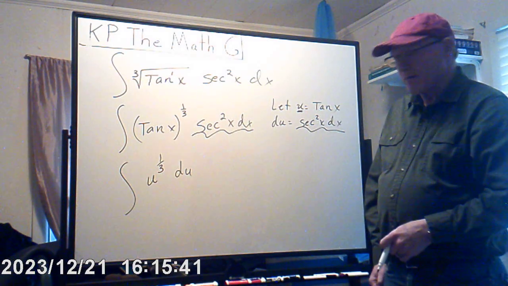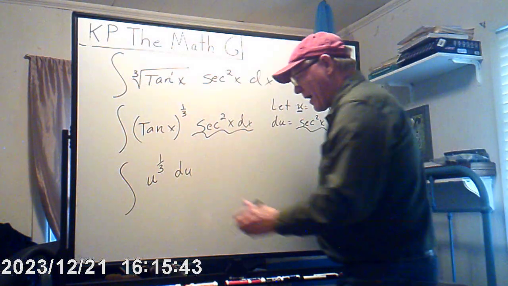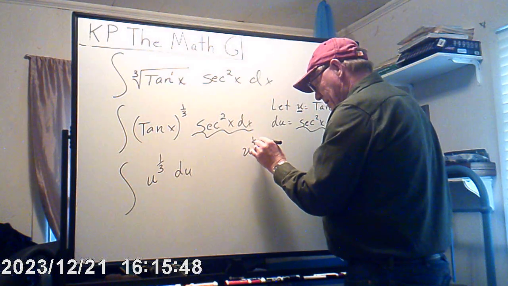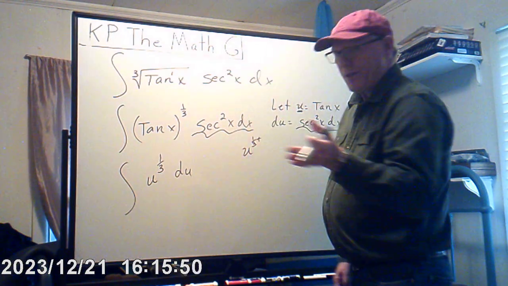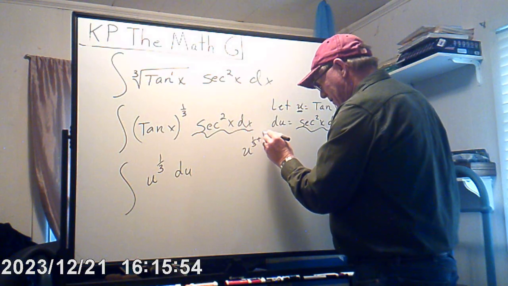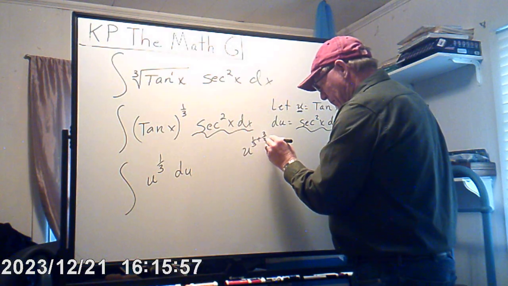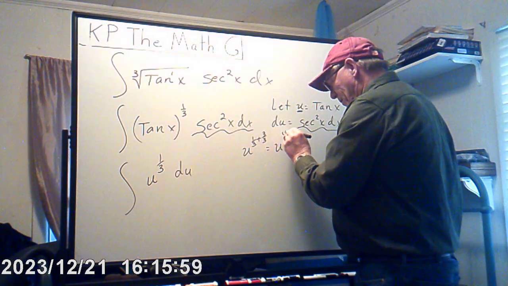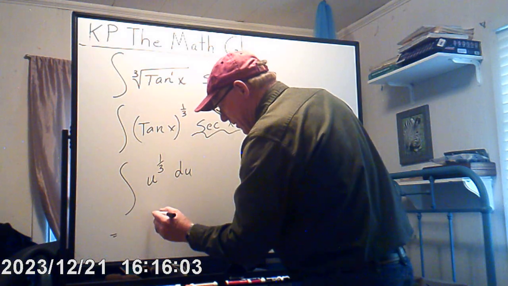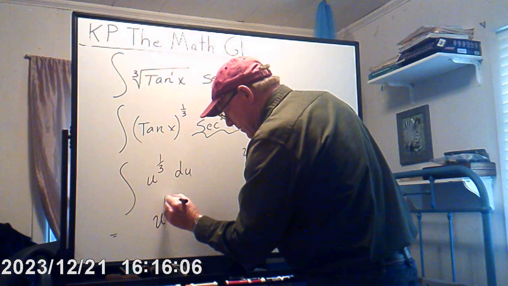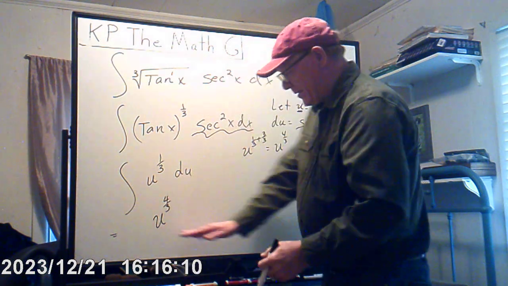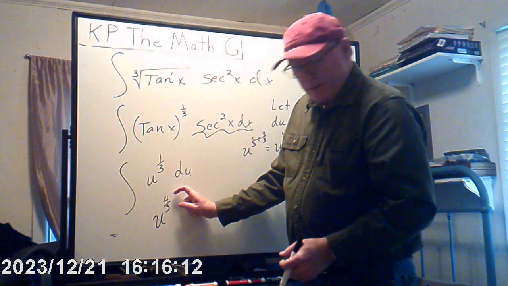I know how to do this. You do too, right? Alright, so I'm going to add 1. Remember, u to the 1/3. Add 1. Now, the way I do it, I add 1 to it. That's 1 1/3, but you can also do 3/3. And make this u to the 4/3. Alright? So now this is equal to u to the 4/3, and the way I do, you usually put over whatever this exponent is.